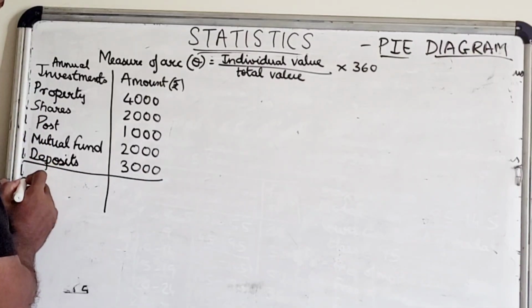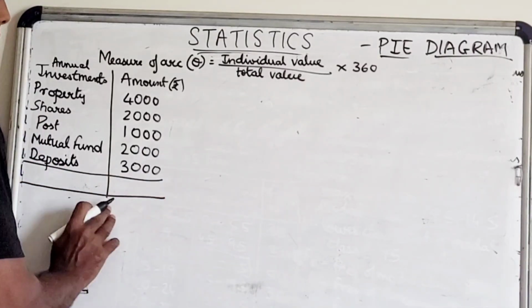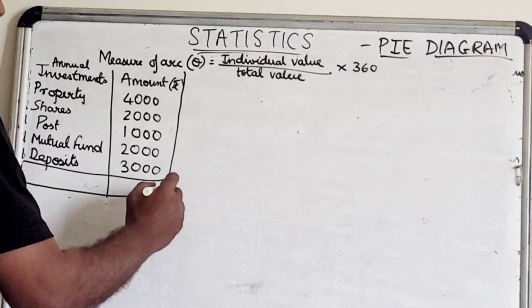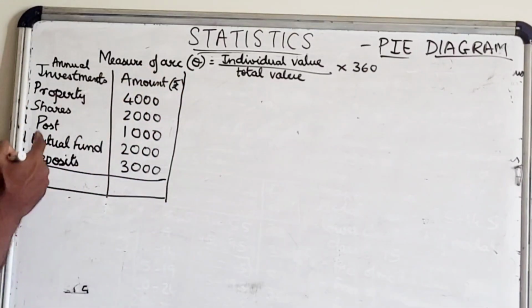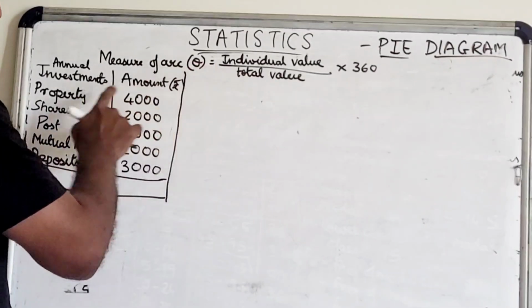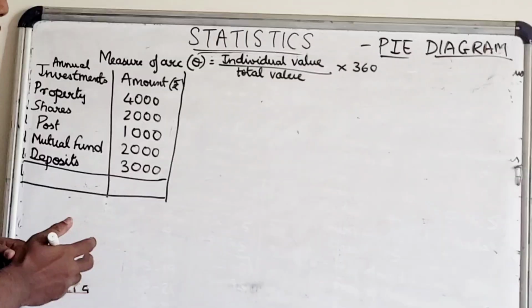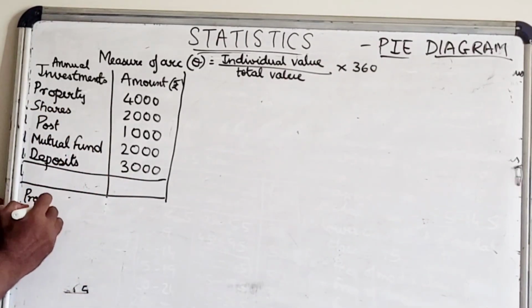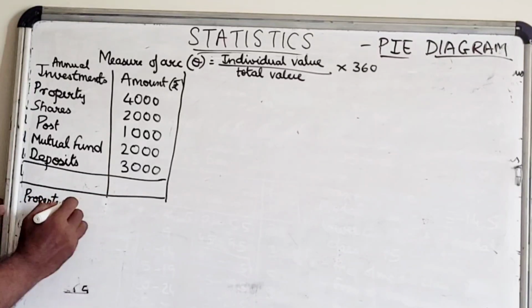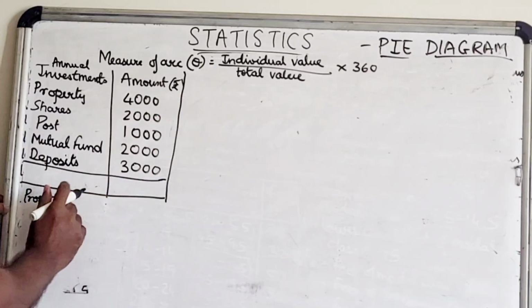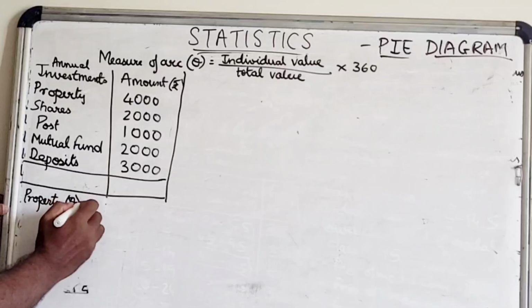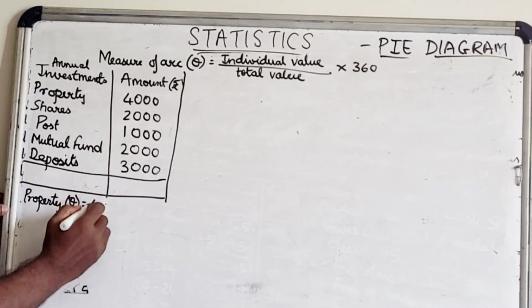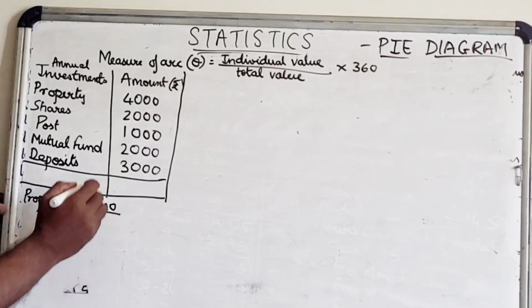So how do we do it? First of all, as you can see from the formula, we need to know the angle of each of the values. So let's do it. For property, theta is going to be the individual value, 4,000, upon the total.